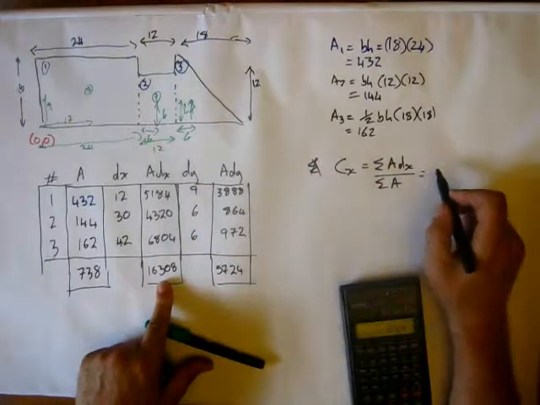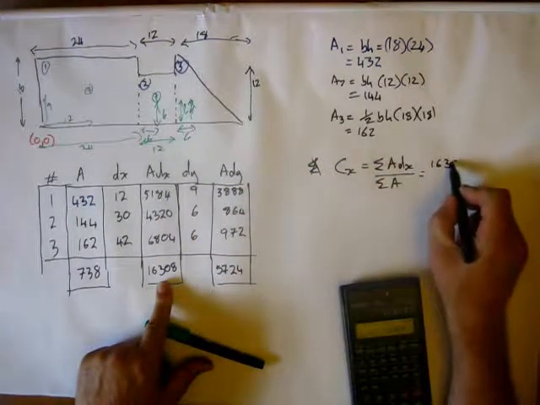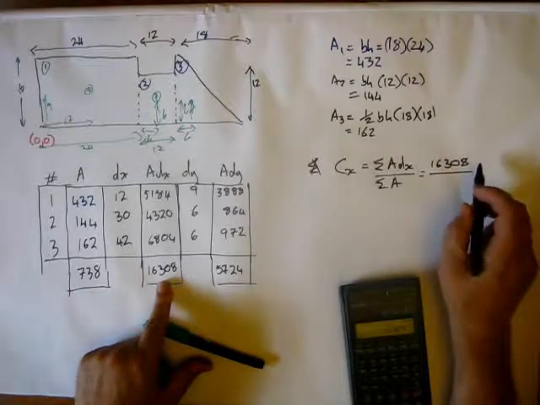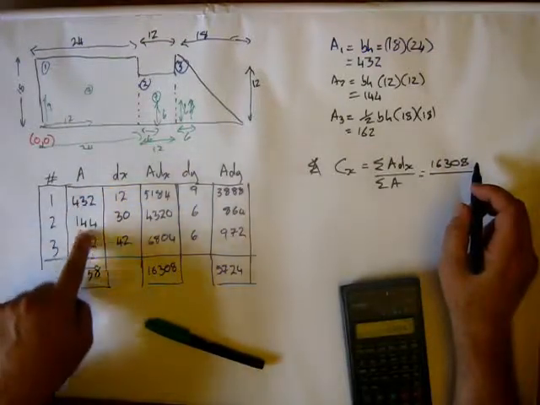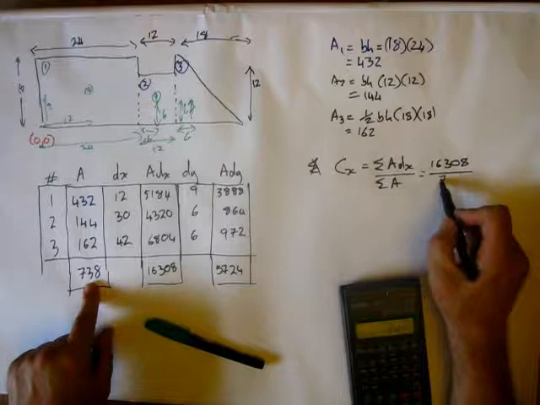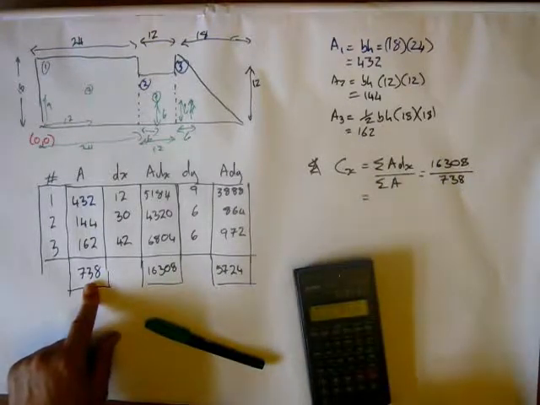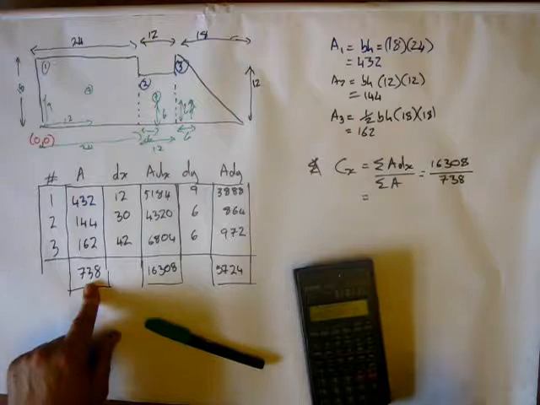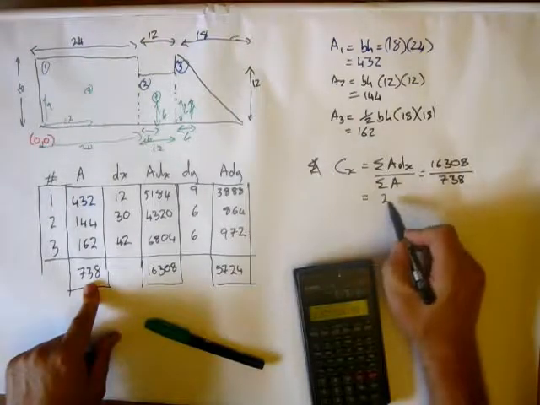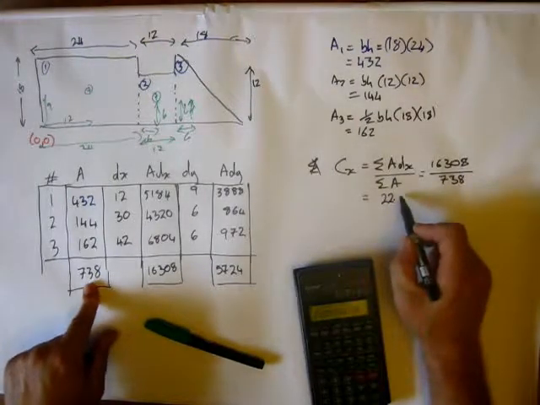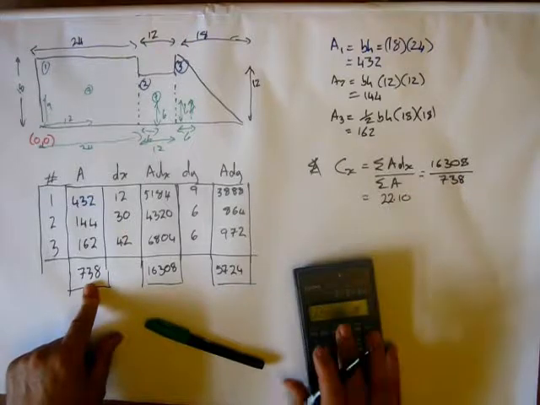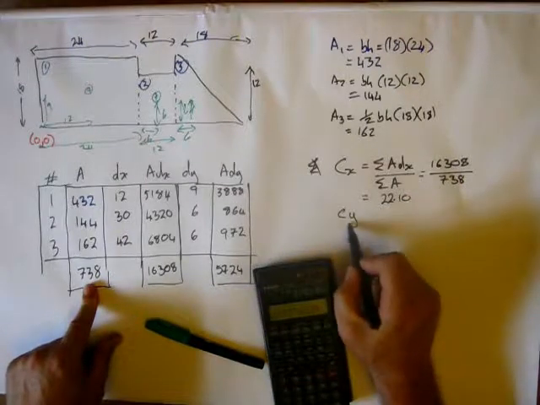So I'm going to stick in 16,308. And the sum of A is this number here. We add those up, so we divide by 738. So 16,308 divided by 738 equals 22.10.